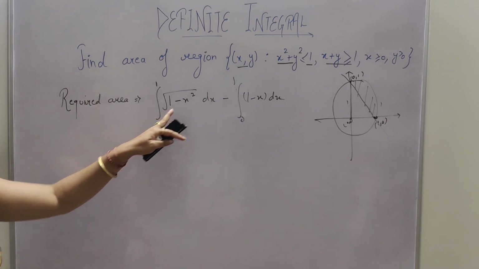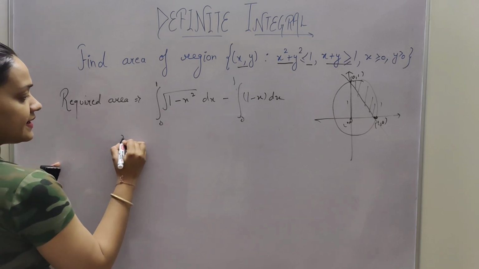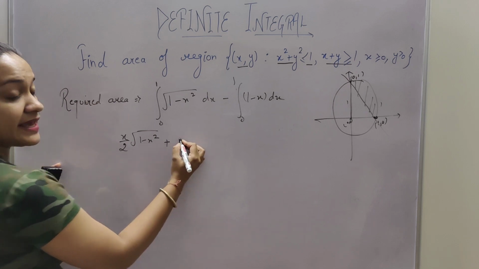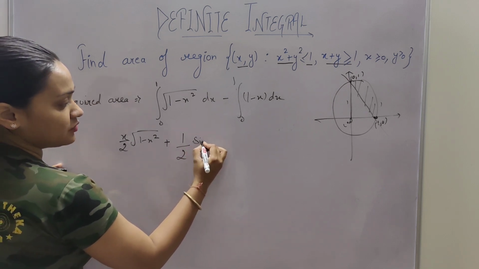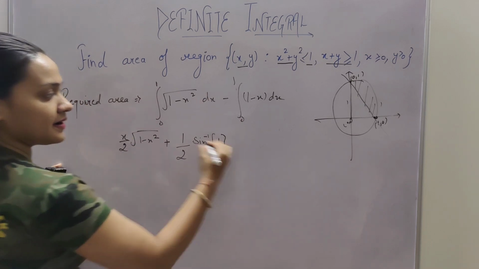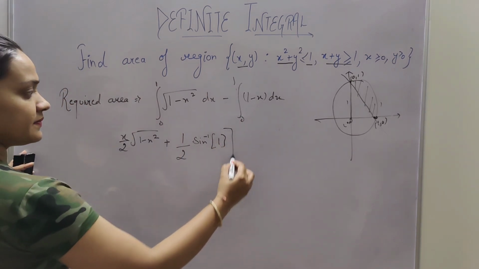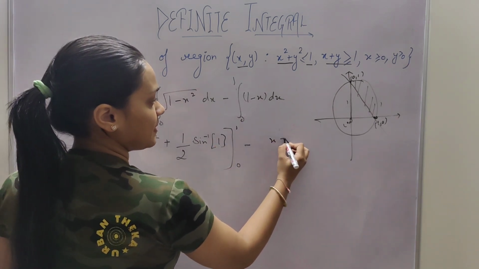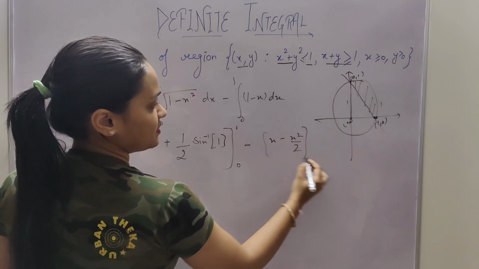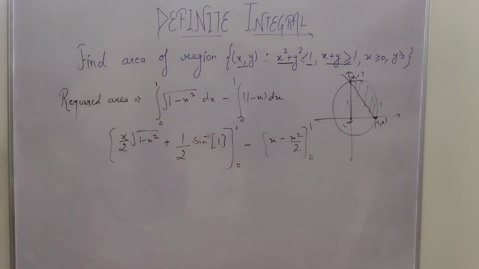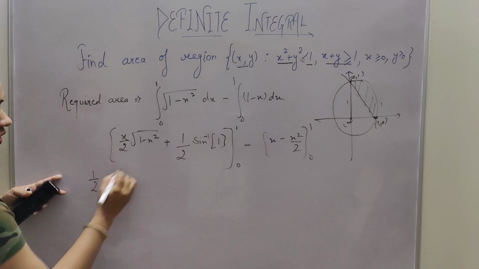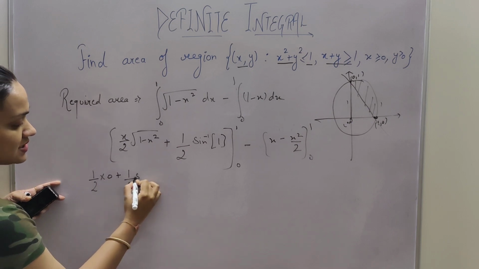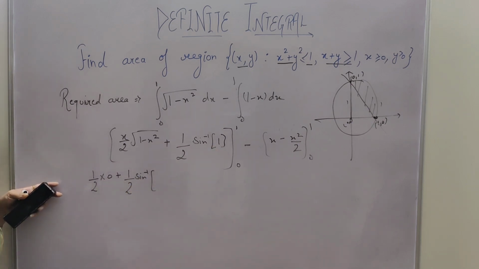So the formula for the integral of root a square minus x square is x upon 2 root a square minus x square plus a square upon 2 sine inverse x upon a. Clear? And the range is 0 to 1, minus x minus x square upon 2, and the range is between 0 to 1. Clear? Putting the value 1, here comes 0 plus 1 upon 2 sine inverse 1.